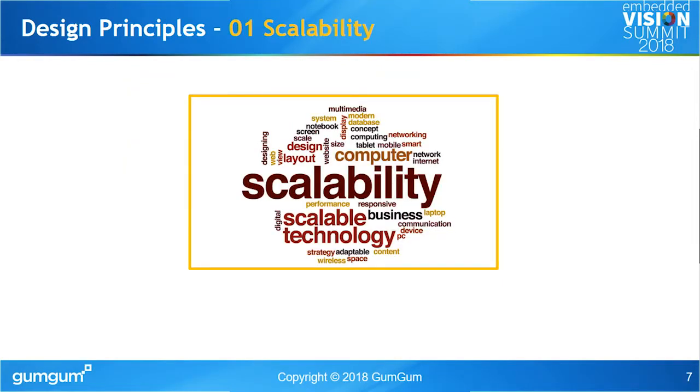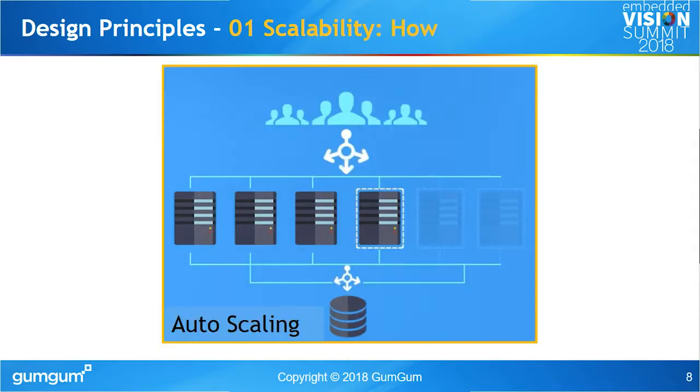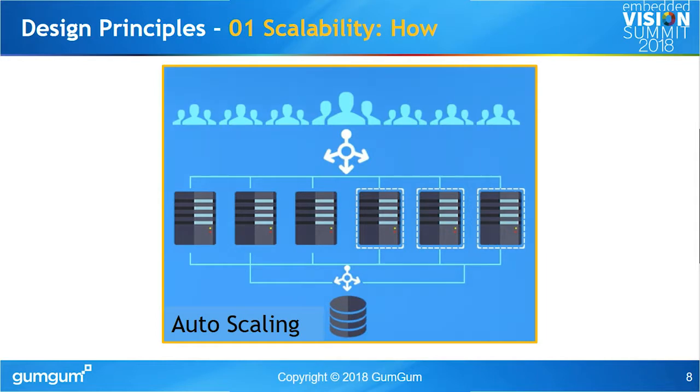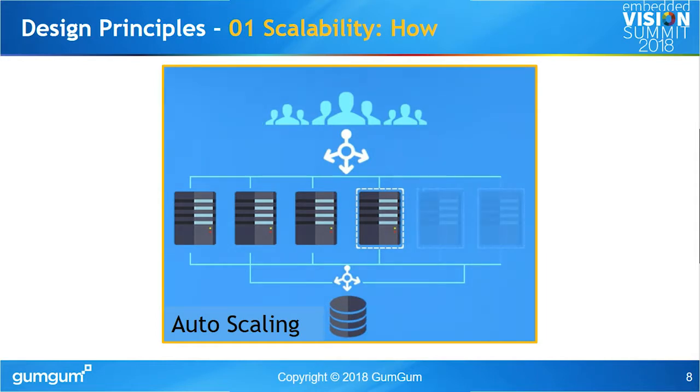So I've been claiming that for high throughput systems, the cloud is your best bet. But why and how? A lot of you who have already worked in the cloud know that one way of achieving this is through what we colloquially call horizontal scaling, which means that as the number of requests increase, you want to increase the number of instances that are processing these requests.